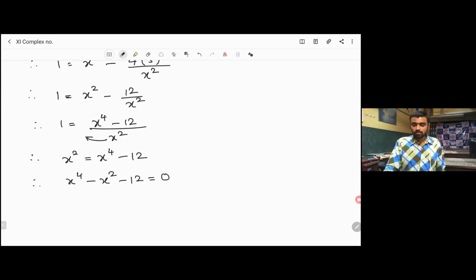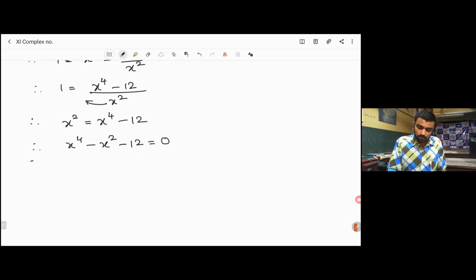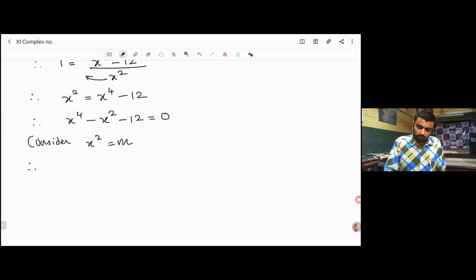Now this becomes a quadratic equation, reducible in nature. So consider x raised to 2 is equal to m. Substitute this to reduce the quadratic equation. So it becomes m square minus m minus 12 is equal to 0.